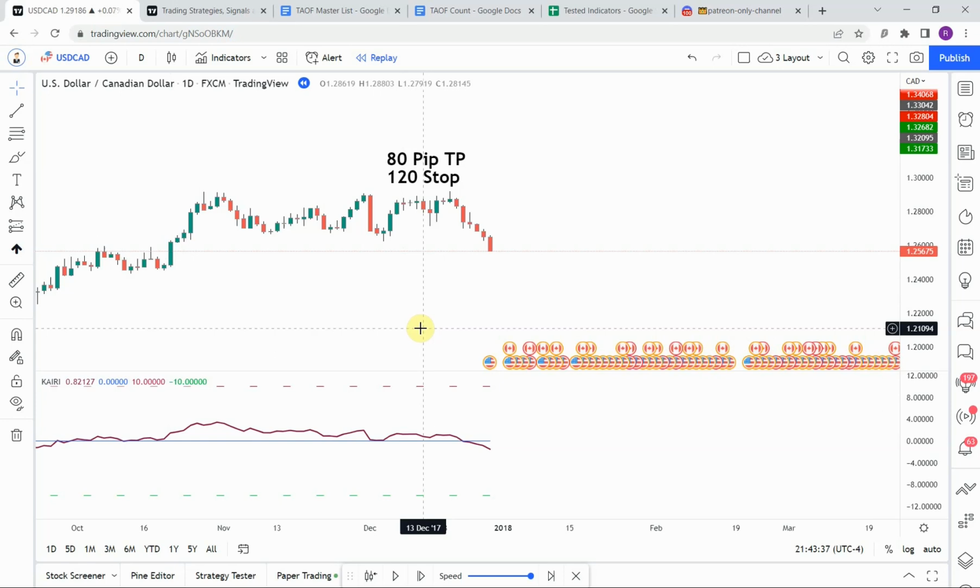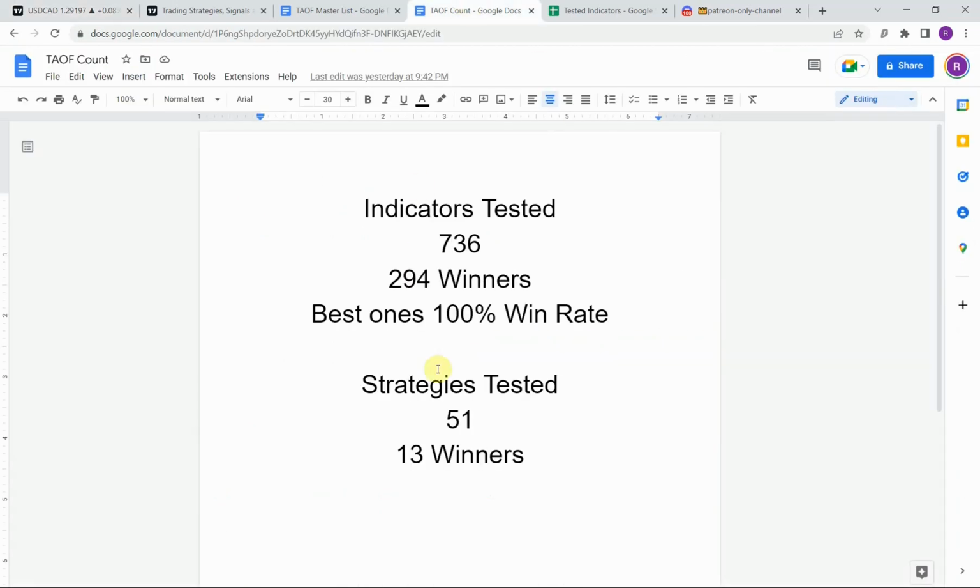Alright, as I said, today we will be testing the KAIRI relative index. Before we do though, I wanted to put the testing scoreboard up for everyone to see. So to date, we have tested a total of 51 different strategies, with 13 of them being profitable. We've also tested a total of 736 indicators, with 294 of them being winners.